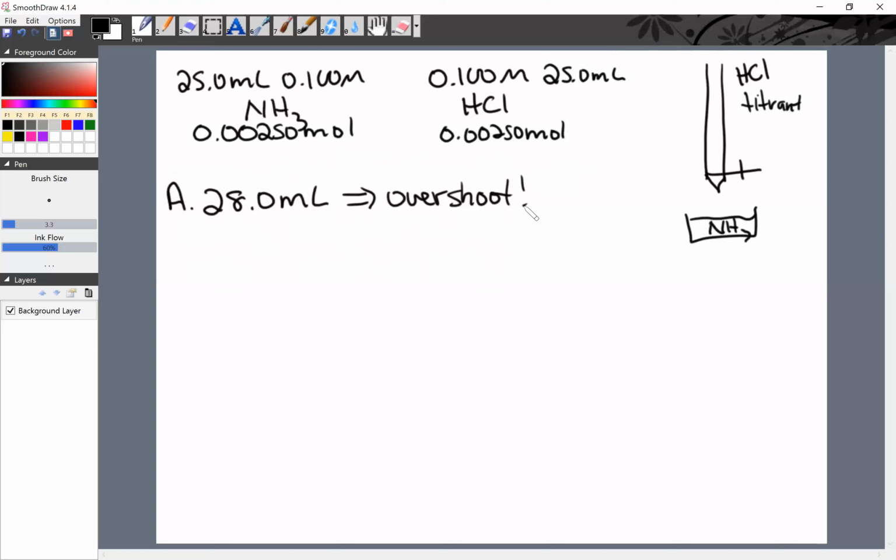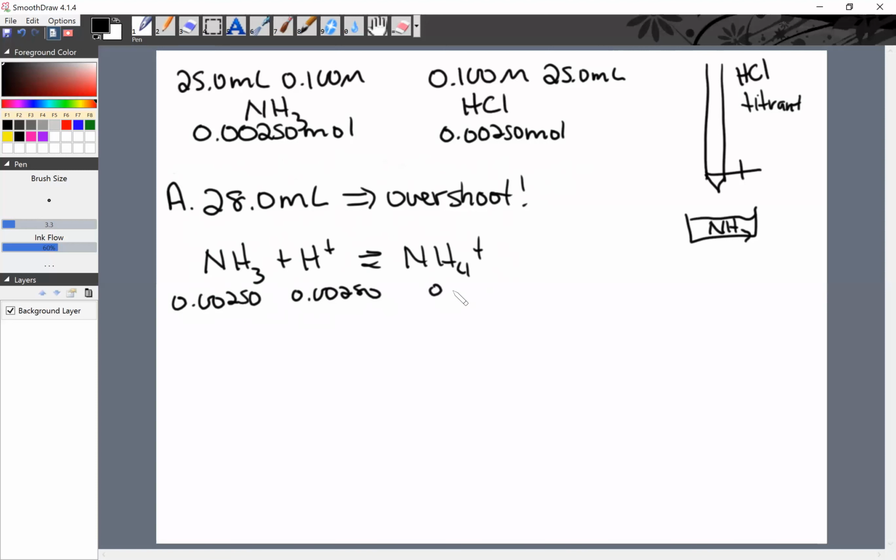Oops. So I was trying to do 0.00250 moles, and I added 0.00280.